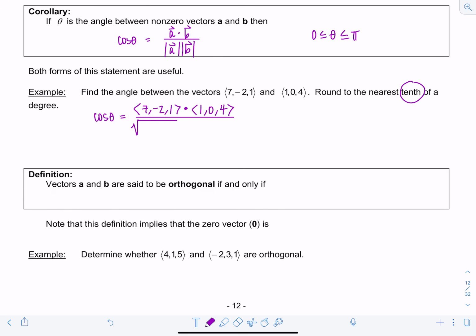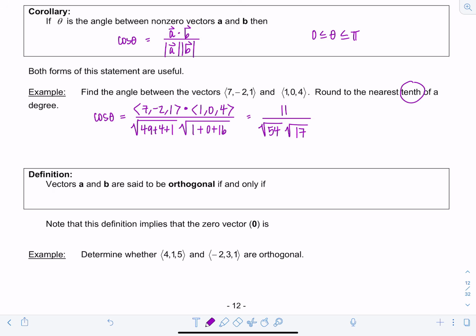So I'm going to have square root of 49 plus 4 plus 1 times the square root of 1 plus 0 plus 16. And then remember, we computed this dot product previously, so it's actually 11 divided by the square root of 54 times the square root of 17.